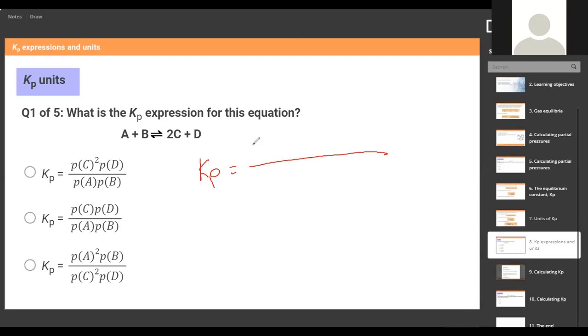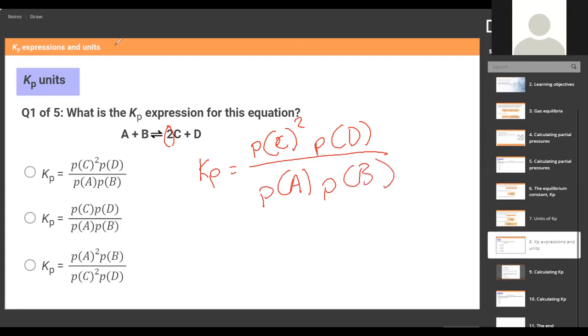So we have the partial pressure of species C, 2 lots of species C, so that's squared, and then the partial pressure of species D. On the bottom, we have the partial pressure of species A and the partial pressure of species B. Which one matches that? That's our top one there.